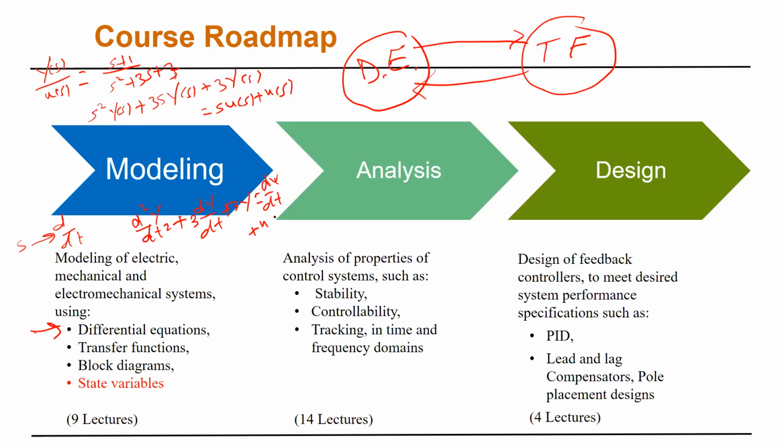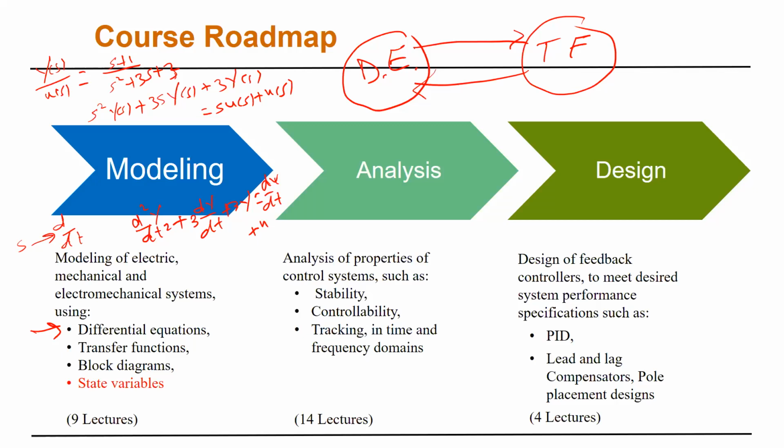So basically, if you have the transfer function model, you can go back by replacing each s by a derivative. Look, this is second order. Now get the transfer function. What do you do? Take the Laplace transform of the equation which I gave you. It will give you the same. So you can go back and forth.